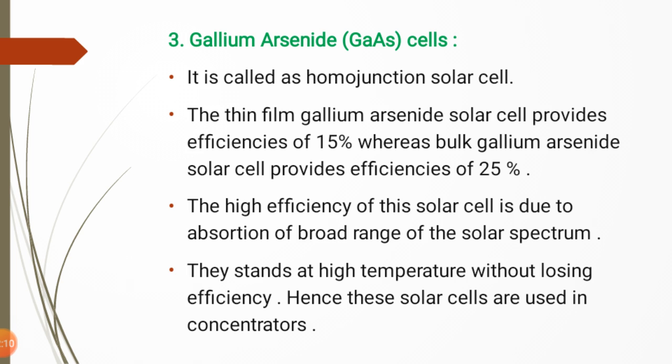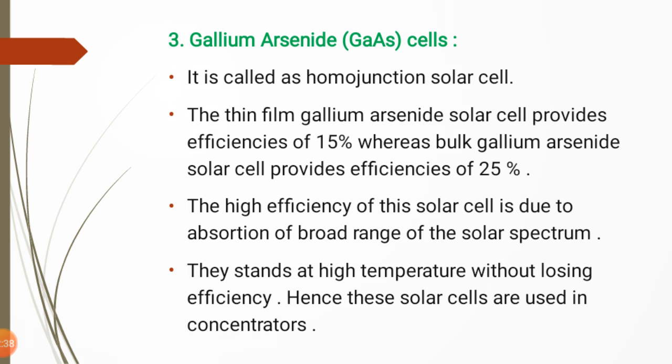The thin film gallium arsenide solar cell provides an efficiency of 15%, whereas the bulk gallium arsenide solar cell provides an efficiency of 25%. That means the bulk gallium arsenide material is better for solar construction because it gives 25% efficiency as compared to the thin film gallium arsenide solar cell.